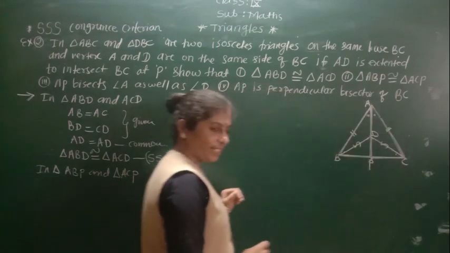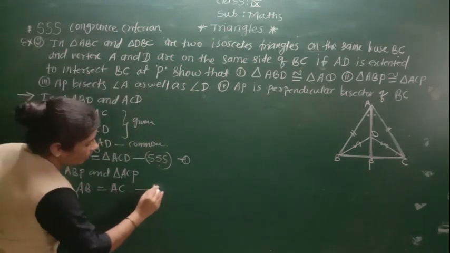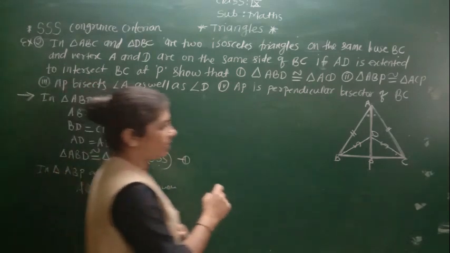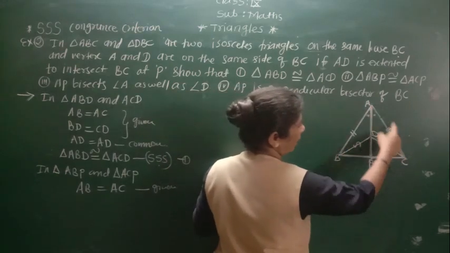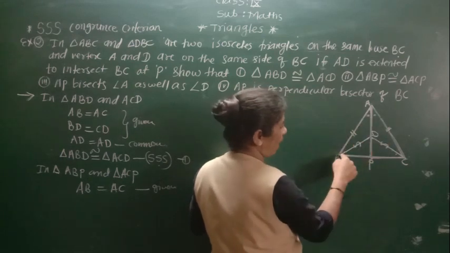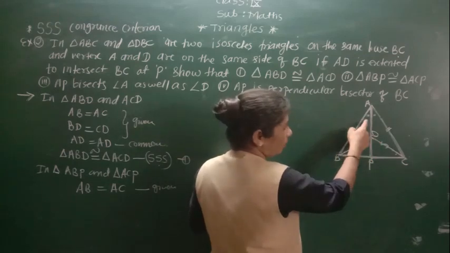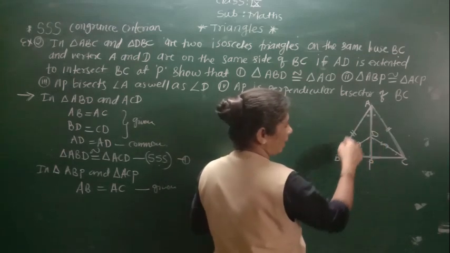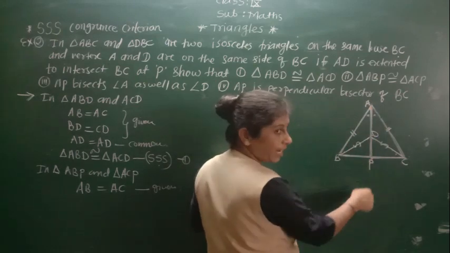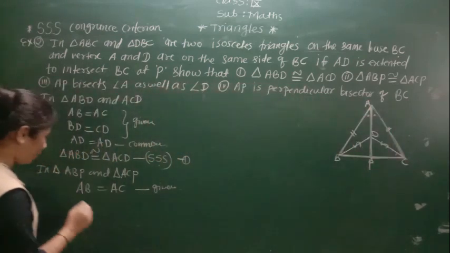AB equals AC, which is given for us. Again, we have proved triangle ABD is congruent to triangle ACD, so these are corresponding parts of the congruent triangles and they are equal. So angle BAD equals angle CAD. Instead of BAD we will write BAP, because P is the point on the extended part of AD. So we will write angle BAP equals angle CAP.